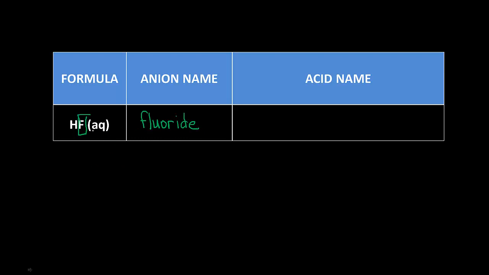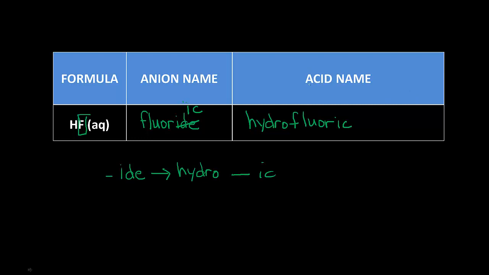Now if you remember our saying, I took a ride on a hydraulic plane, so hydro, ic. IDE changes to ic, and then we put hydro on the front of it. So hydrofluoric. And then don't forget, it's an acid. We know it's an acid because it begins with the letter H, so we write acid.